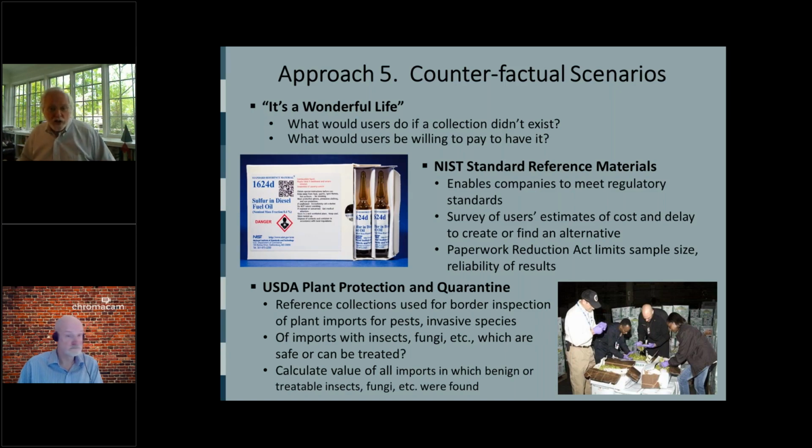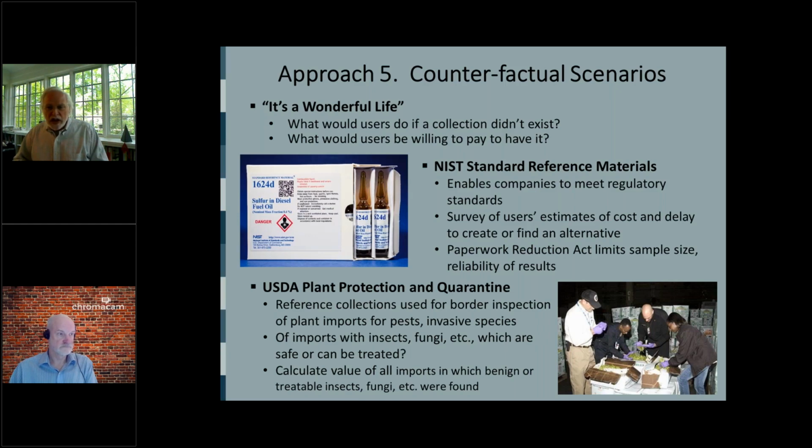The plant protection and quarantine system had a different approach. When something comes in, let's say a cargo ship with peas on it, with some kind of plant, they inspect a small percentage. If they find something that looks like a pest, now they have to decide, is it harmless, or is it potentially harmful but can be treated, or is it harmful and can't be treated?